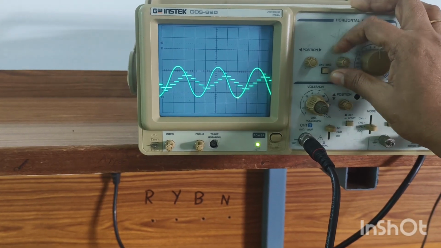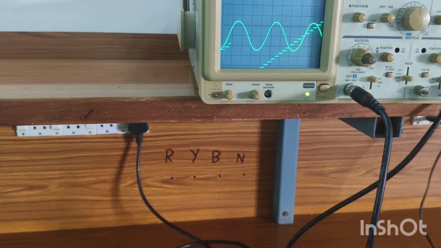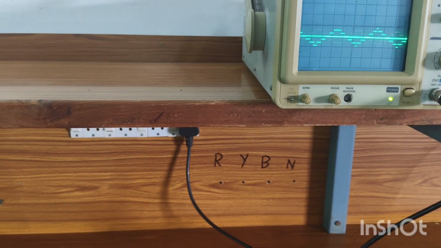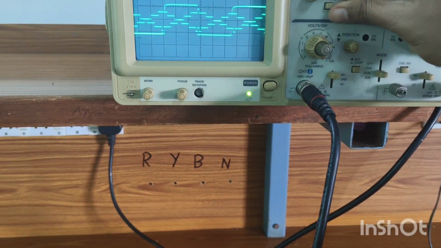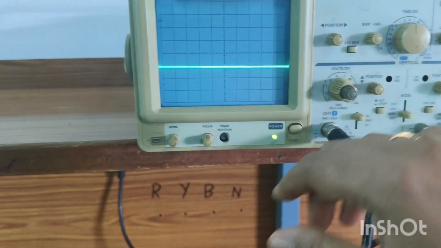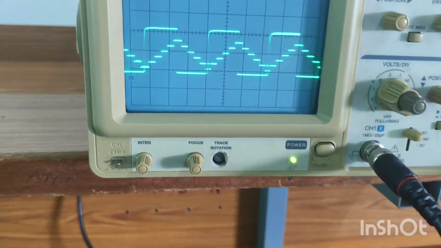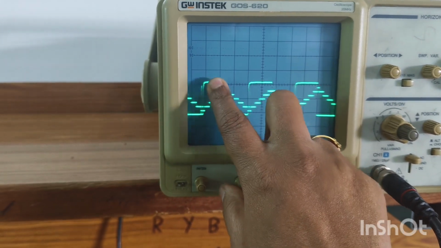So now to get a clear picture, I can connect DM in one channel and D2A in the other channel. See here, whenever we are incrementing, the DM output is 1.